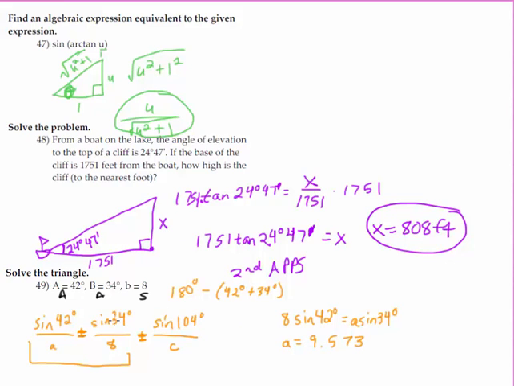And then we could actually use like the first and third now that we know A, but it'd be better to use these two to reduce our chance of rounding error. So 8 sine 104 equals C sine 34. So we're doing 8 sine 104 divided by sine 34.